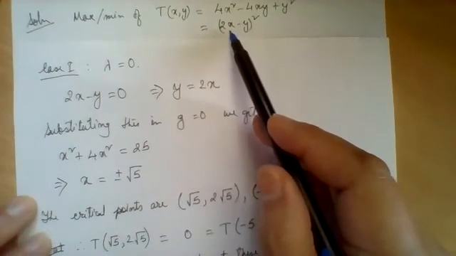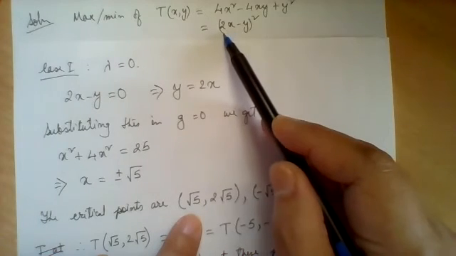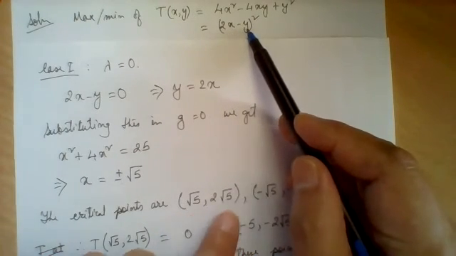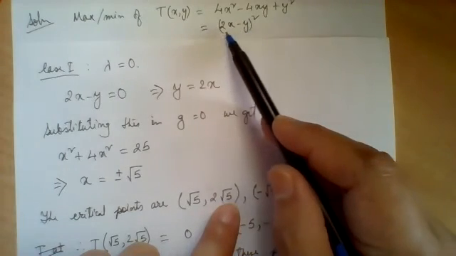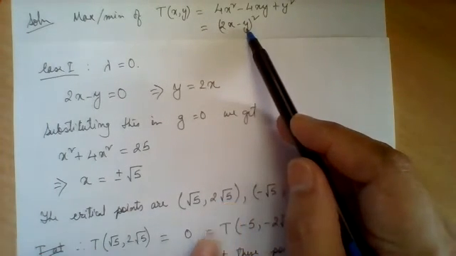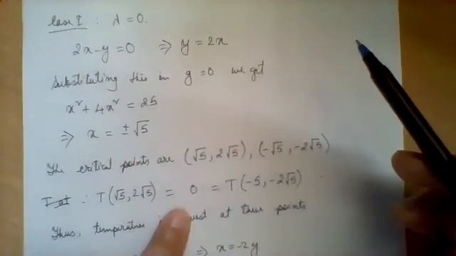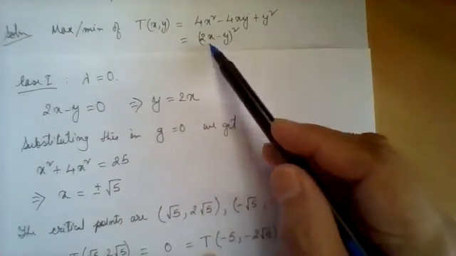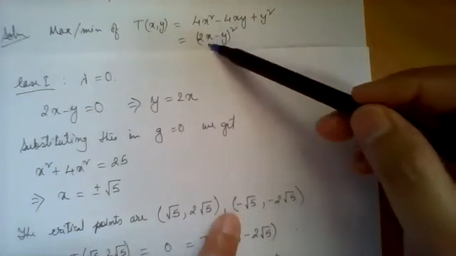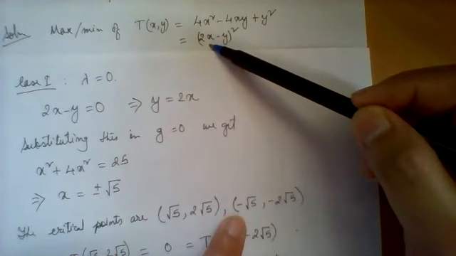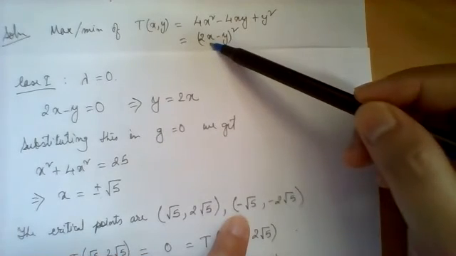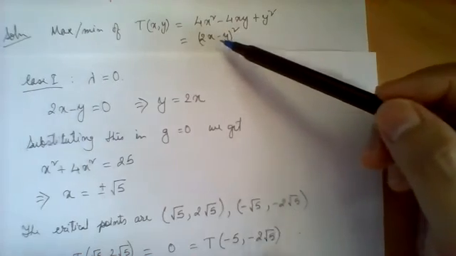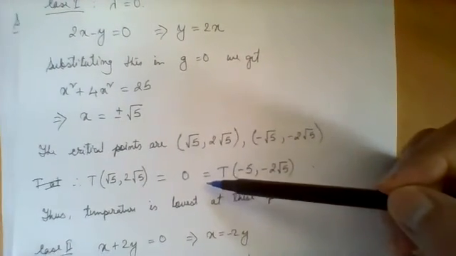In this expression, if you put x equal to root 5 and y equal to 2 root 5, this will be 2 root 5 minus 2 root 5, the answer will be 0. Similarly here, if you put x equal to minus root 5, this will be minus 2 root 5, and if you put y equal to minus 2 root 5, this will cancel out and it will again give you 0.